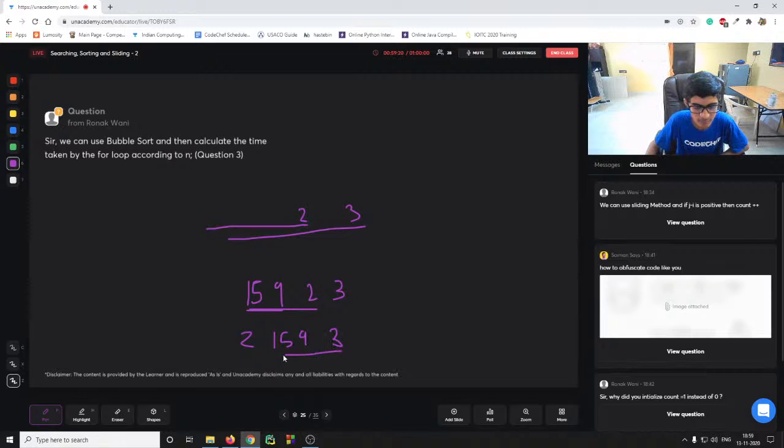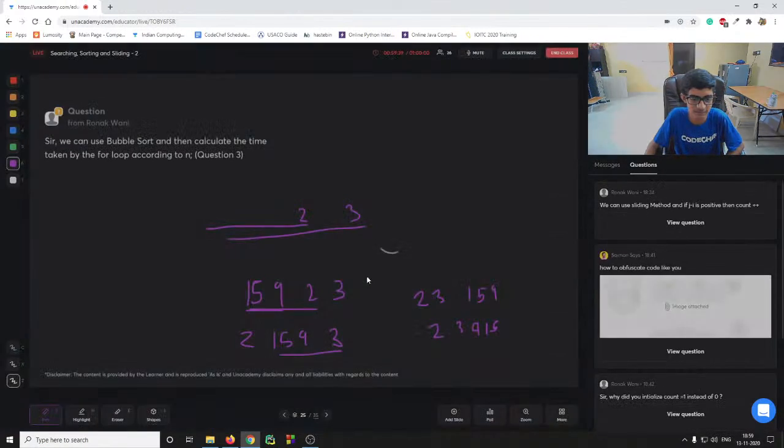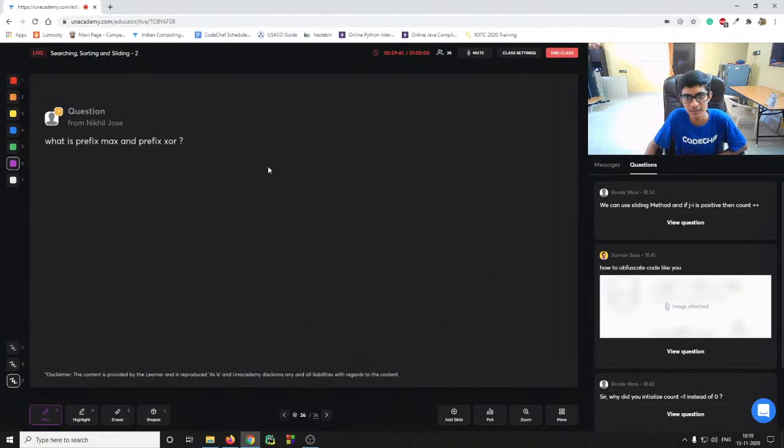Then we will swap these 3, which will be 2, 3, 15 and 9, and then we will swap these 2, which is 2, 3, 9 and 15. So this is the optimal answer. Bubble sort won't work. I don't think bubble sort will work. And let's take the last question. What is prefix max and prefix XOR? Actually we'll take a look at it tomorrow.